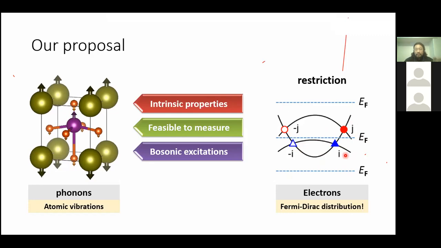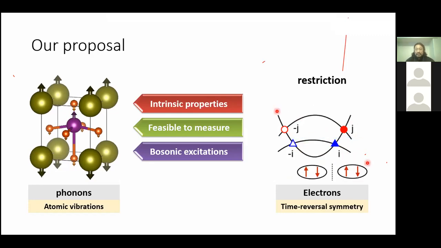The other disadvantage of electronic systems is electrons. They also have spin-orbit coupling, and that means it might be easy to break time reversal symmetry, for example, by an external magnetic field. But phonons are charge neutral and they are spinless systems. So they are immune from any magnetic field. Compared with electronic systems, we know that these are well studied in single-gap systems or single-gap topology.